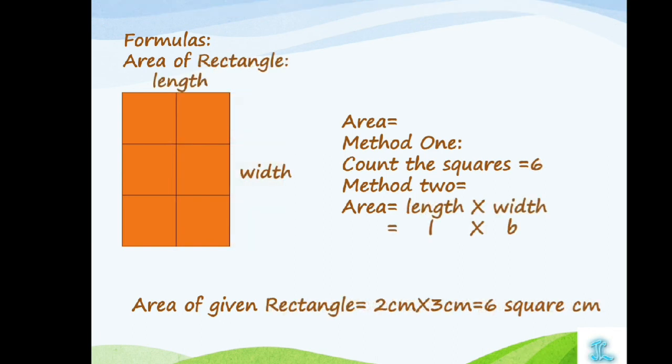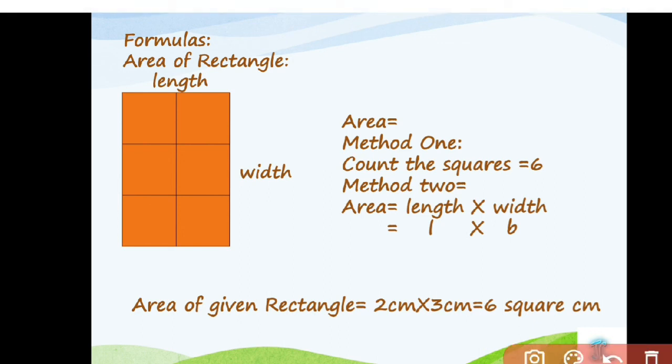Now, next, area of a rectangle. Now we are finding the area of a rectangle. In the first method, we'll count the number of squares: 1, 2, 3, 4, 5, 6. So how many squares are there? 6 square centimeters.